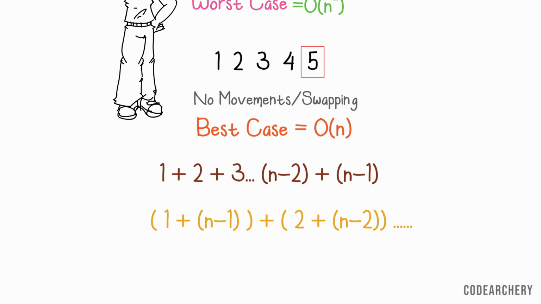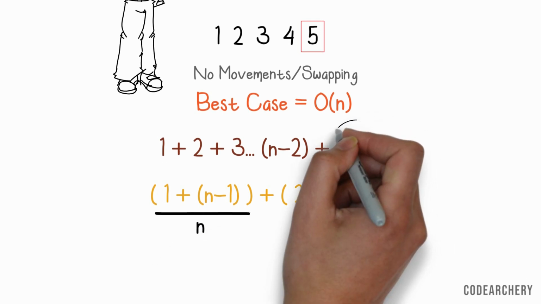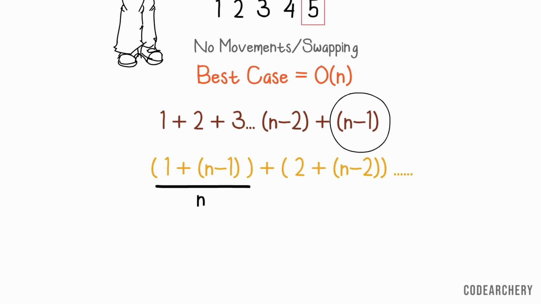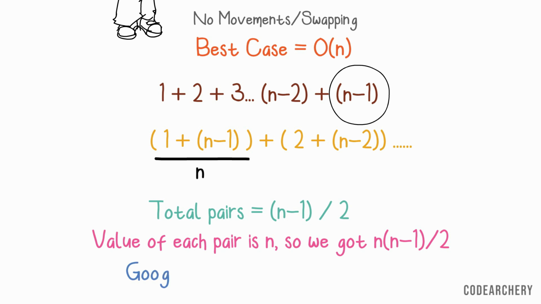So we are just pairing. So if you add each pair, the answer will be n. Since we have n-1 total elements, total pairs will be n-1 divided by 2. And value of each pair is n. So the formula is n into n-1 divided by 2. For more details, please Google search triangular numbers.